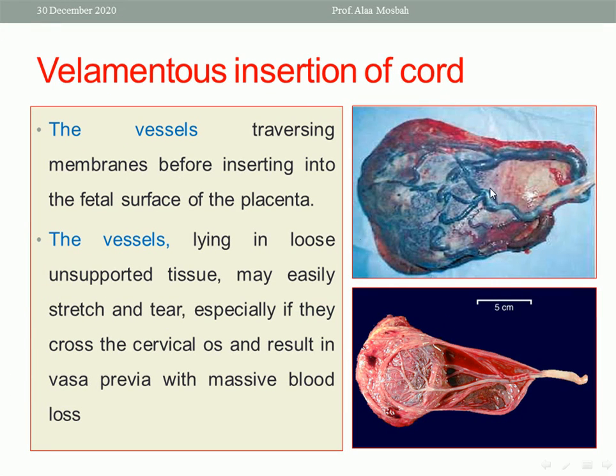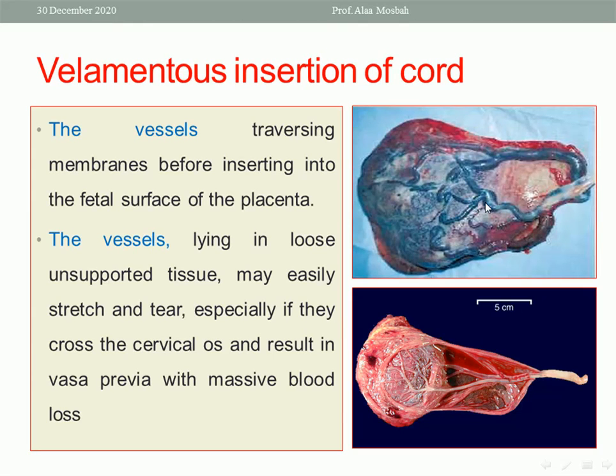Another abnormality is the velamentous insertion of the cord, as you see in the picture. These are the branching vessels passing through the membrane, okay, traversing the membrane before inserting into the fetal surface of the placenta. Why is it dangerous?